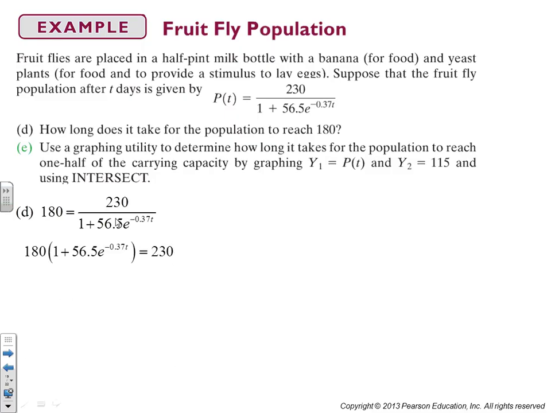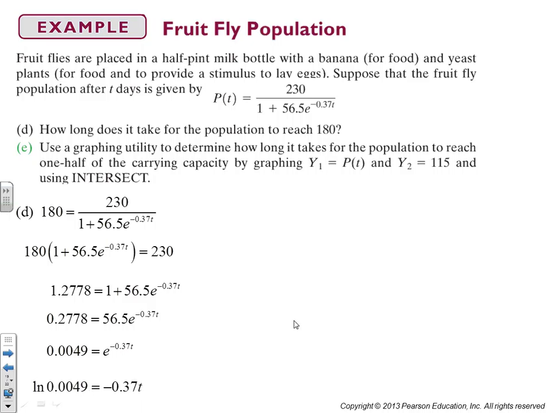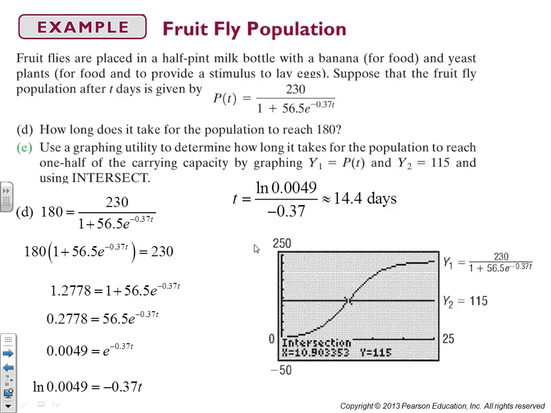Or you can multiply both sides by this denominator, then divide by 180, then minus 1 from both sides, then divide by 56.5, and then take the natural log, and divide by negative 0.37, and we get 14.4 days. Good job, you guys. Look how advanced our mathematics are right here. Pretty big deal to be this far into your math.